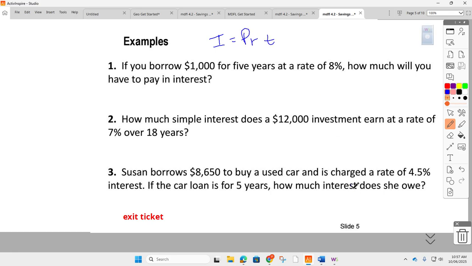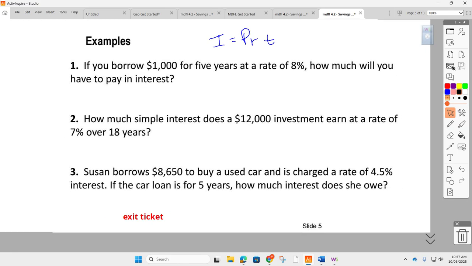If we're looking for how much you're paying in interest, then that is our variable. That's what we don't know. So we need the principal, the rate, and the time. So we're going to identify what is the principal for each problem, what is the rate, what is the time. Any of the variables that we know, we identify them, and then we plug them into this formula.